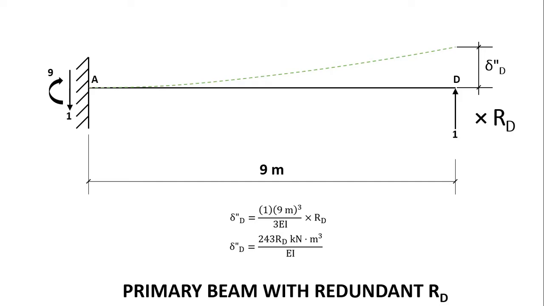Okay? But since, take note, roller yung tinanggal natin sa point D, initially wala namang deflection doon. Okay? So, ibig sabihin, tulad ng ginawa natin sa trusses, delta prime D plus delta double prime D is equal to the displacement at point D, in which ang value nun 0 unless specified sa problem na ganito yung kanyang displacement, meron siyang value.